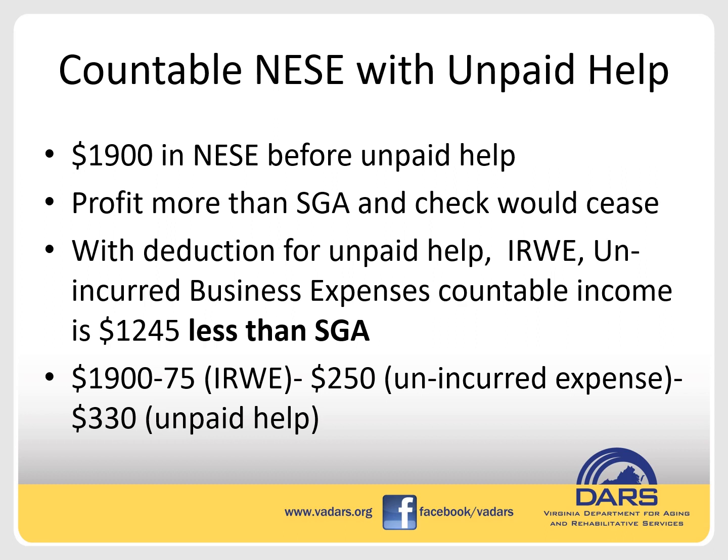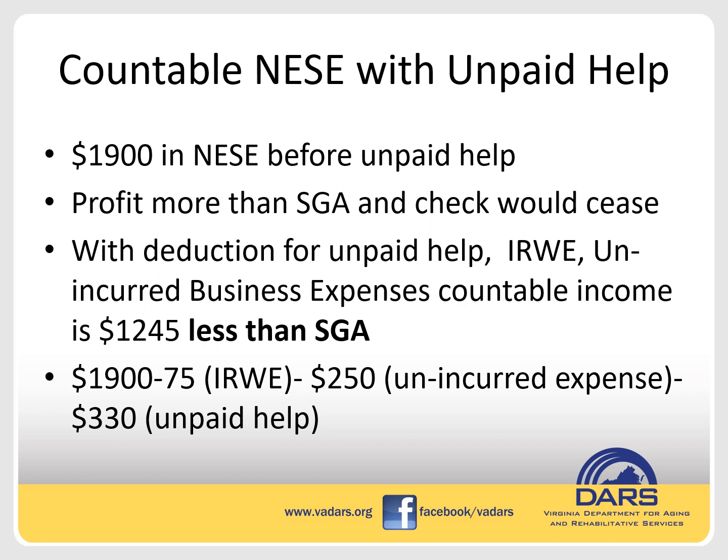Again, going back to what we said before, deduct $75 for her IRWs, deduct $250 a month in unincurred business expenses. That's the monthly amount that Social Security has assigned to the copier that VR paid for. And then, as a final step, deduct from that $330 a month in unpaid help. That's the monthly value of the bookkeeping services that mom provides and is not being compensated for. Okay? So it's gross profit minus IRWs, minus unincurred business expenses, and minus $330 in unpaid help.